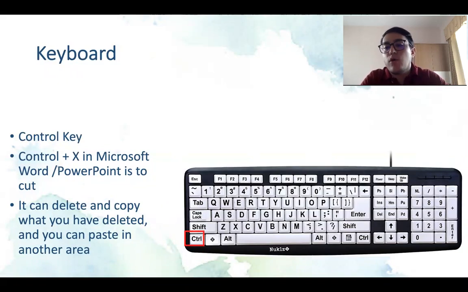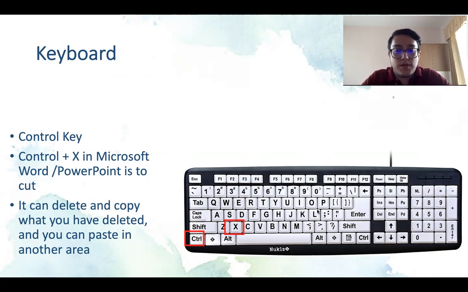You just press and hold Control and press X. And what this does is first it deletes. So what it basically does, it can delete and copy what you have deleted, and you can paste in another place. Okay, so the same, you hold Control and press X to copy it somewhere else.